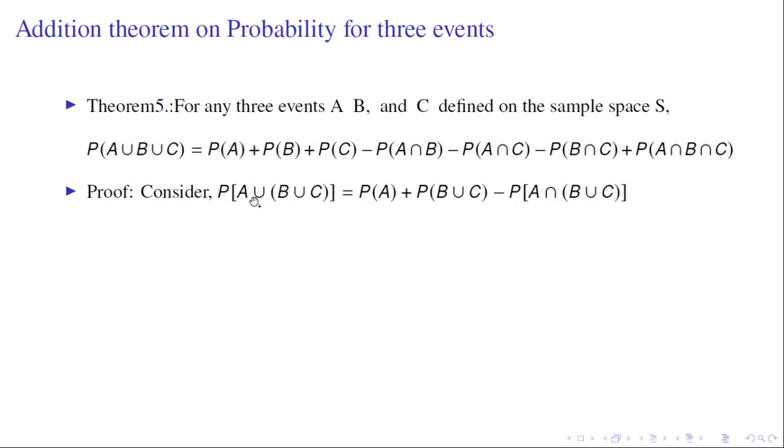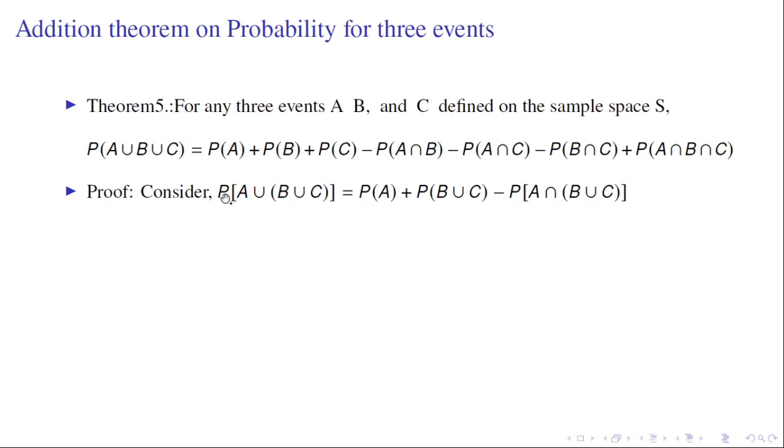Consider probability of A union B union C. Keep a bracket here. Take this B union C as one event. So this is A, and this is another event. This is the first event, and this is the other event. From the addition theorem on probability for two events, we can write this as the summation of the single terms minus the intersection of these two terms.